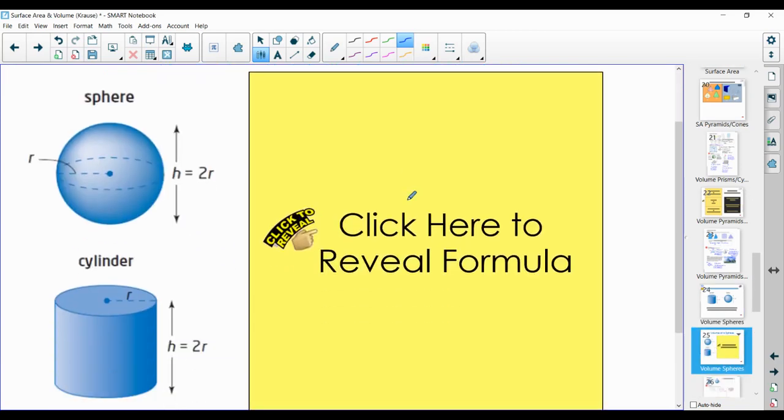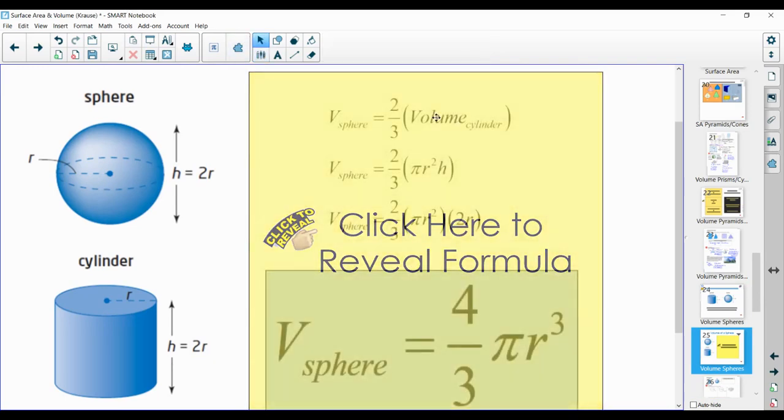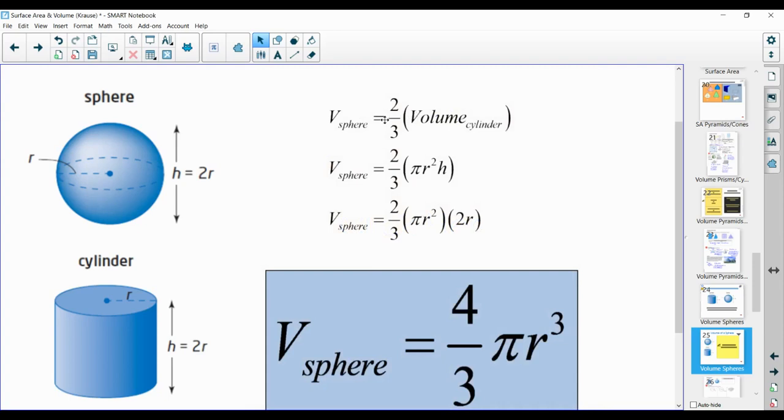Breaking this down, you do not have to know how to derive the formula, but I just want to show you how they correlate. If I know that the volume of a sphere is 2/3 the volume of a cylinder, and the volume of a cylinder is pi r squared times height, then 2/3 times pi r squared times height will give us this formula. Now, if you notice off to the side, the height of the sphere is 2 times the radius. If they're the same height, that means the height of the cylinder is also 2 times the radius.